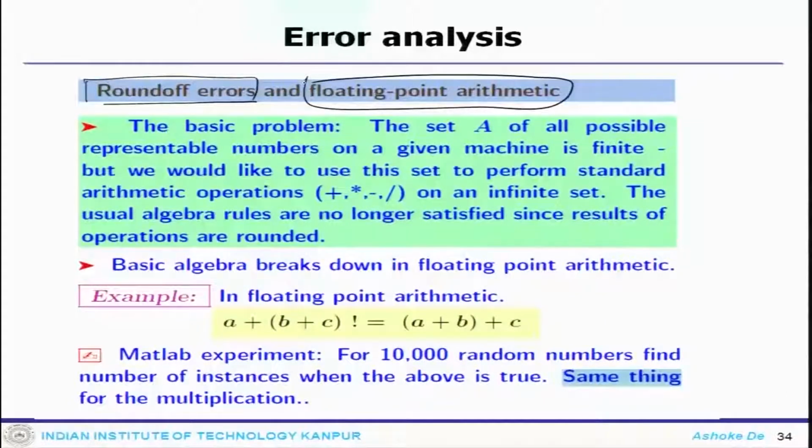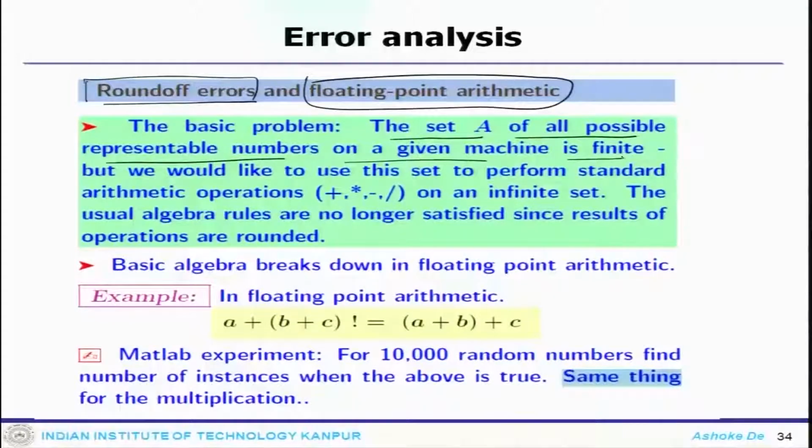So, what is the basic problem? The set A of all possible representable numbers on a given machine is finite. This is a very important and, I would say, loaded statement.